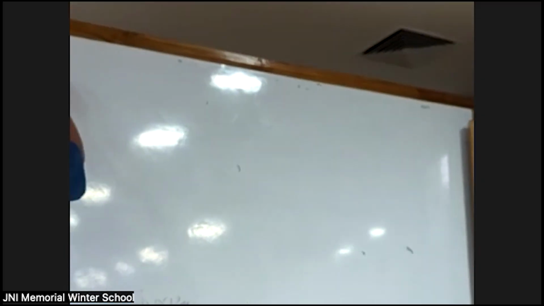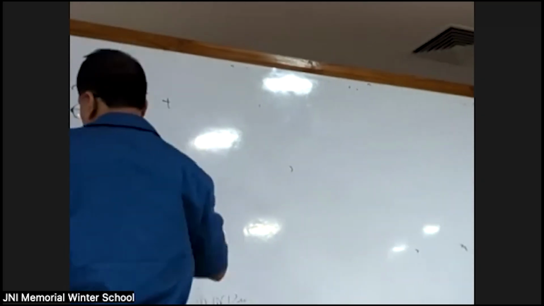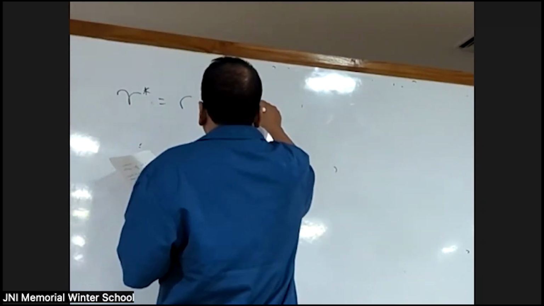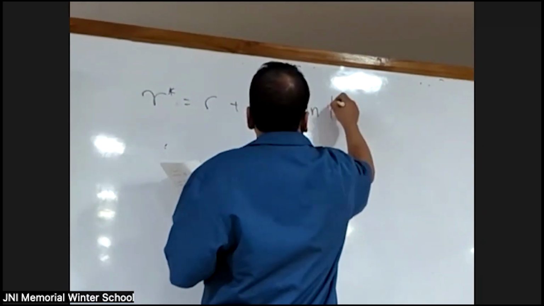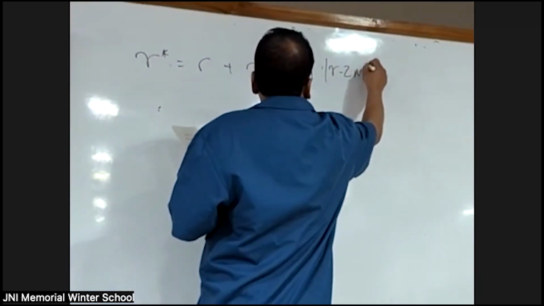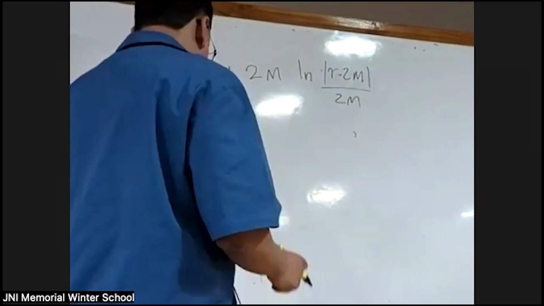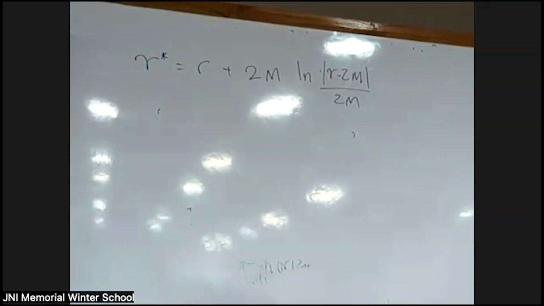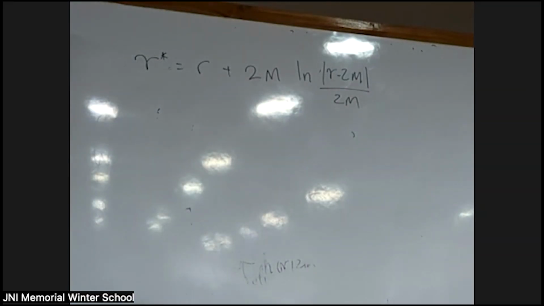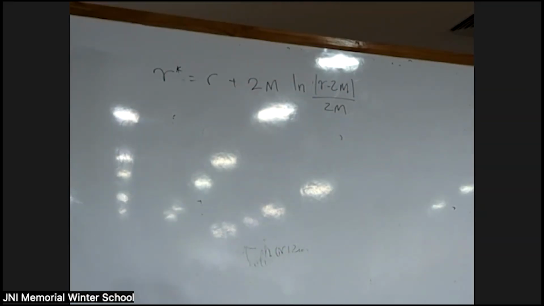So if r star is equal to r plus 2m log, why am I taking it from 2m?